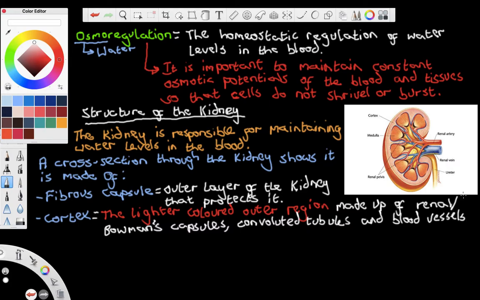Okay. The darker areas are known as the medulla, M-E-D-U-L-L-A.